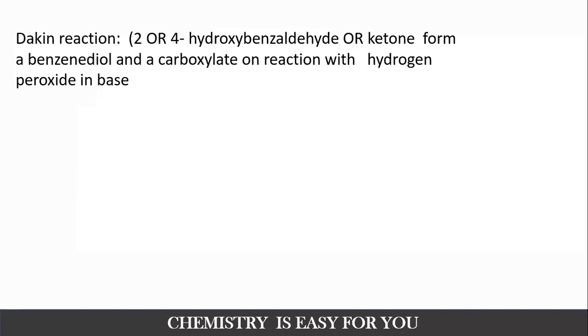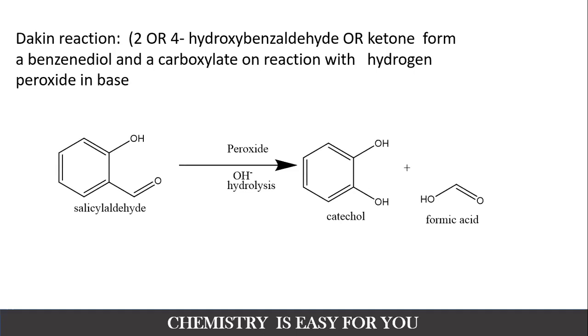We have three components on the reactant side: a 2- or 4-hydroxybenzaldehyde, or it can be a ketone, along with hydrogen peroxide and the base. On the product side, we will be having a benzene diol and a carboxylate. Further on hydrolysis, it can form something like formic acid.